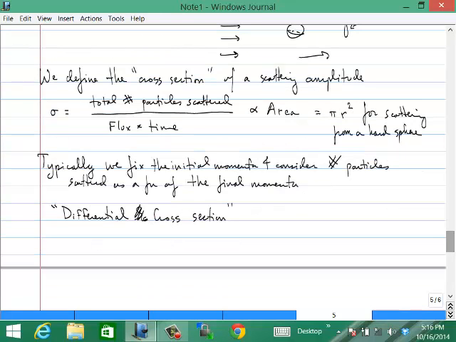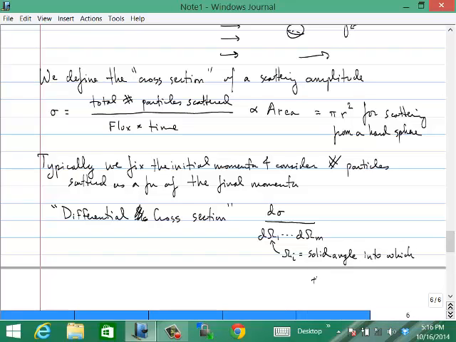So, for example, if you have, say, m final particles, then you might be interested in the differential cross-section d sigma by d omega 1 up to d omega m, where omega i denotes the solid angle into which the ith particle will scatter.